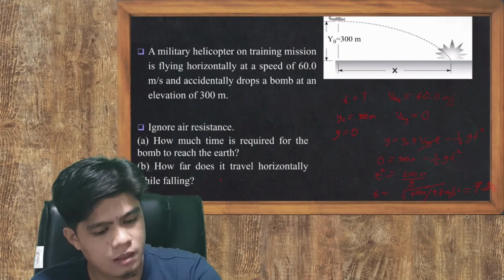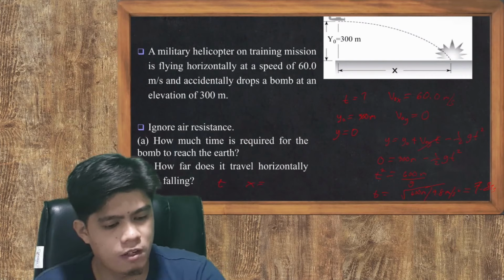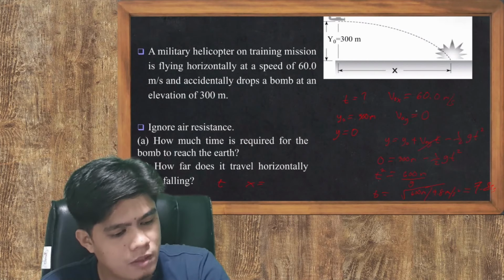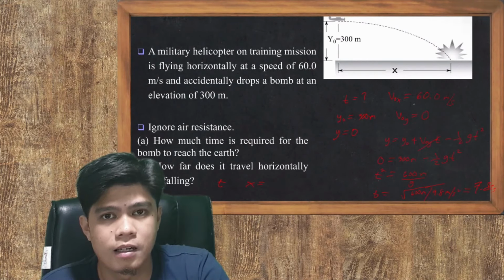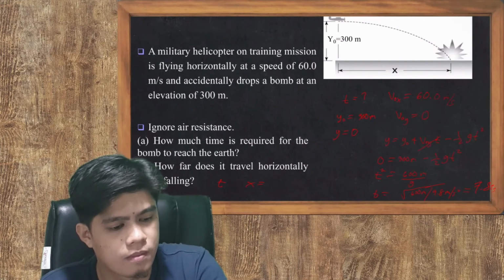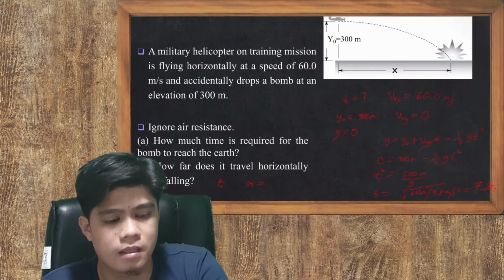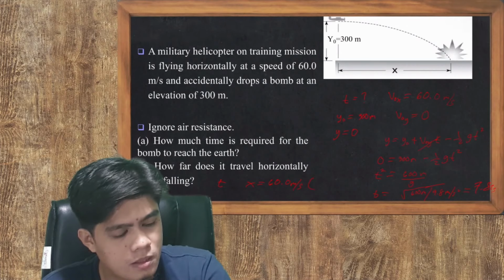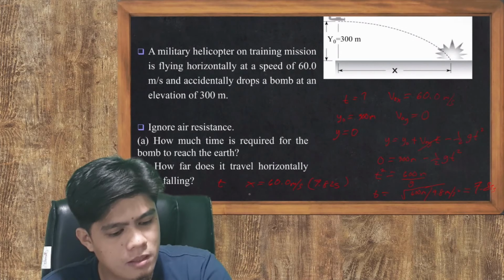So x is equal to the initial velocity along x, which is 60 meters per second. So we have here v naught x equals 60 meters per second, times time, which is 7.82 seconds. So that is the maximum range.